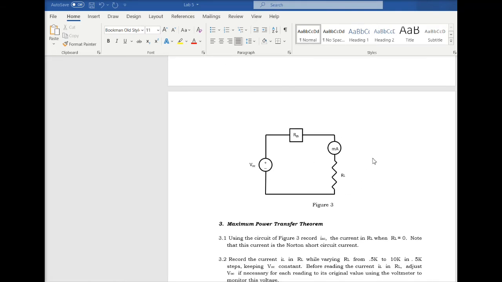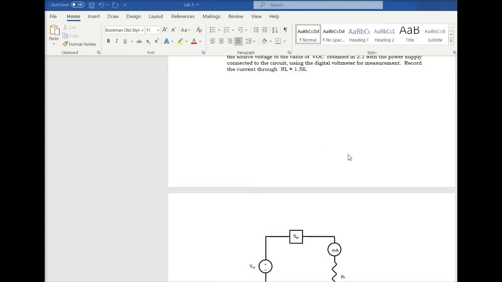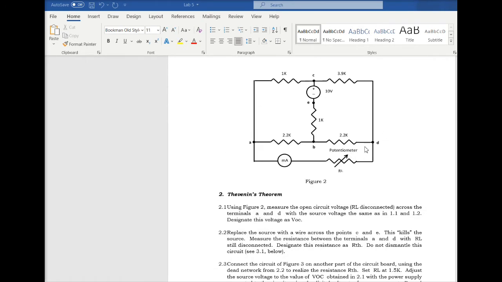So all these measurements of this Thevenin circuit particularly are going to be measured across your load resistance terminals, okay? For our case, that is A and D. And remember, when we do these measurements of Thevenin voltage and Thevenin resistance, our load resistor always has to be taken out of the account.